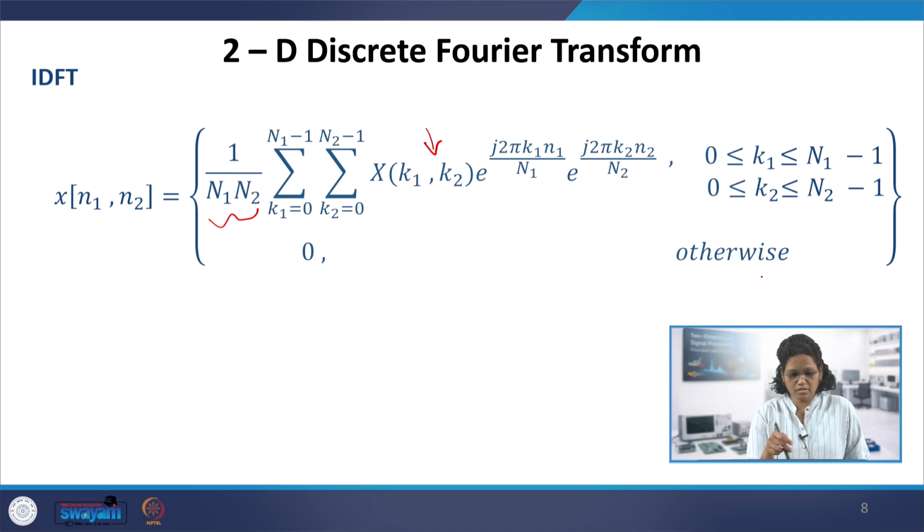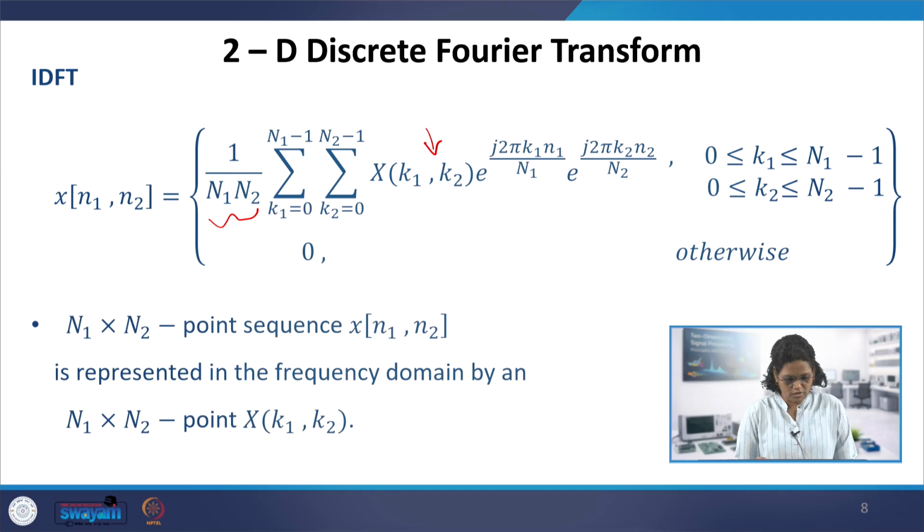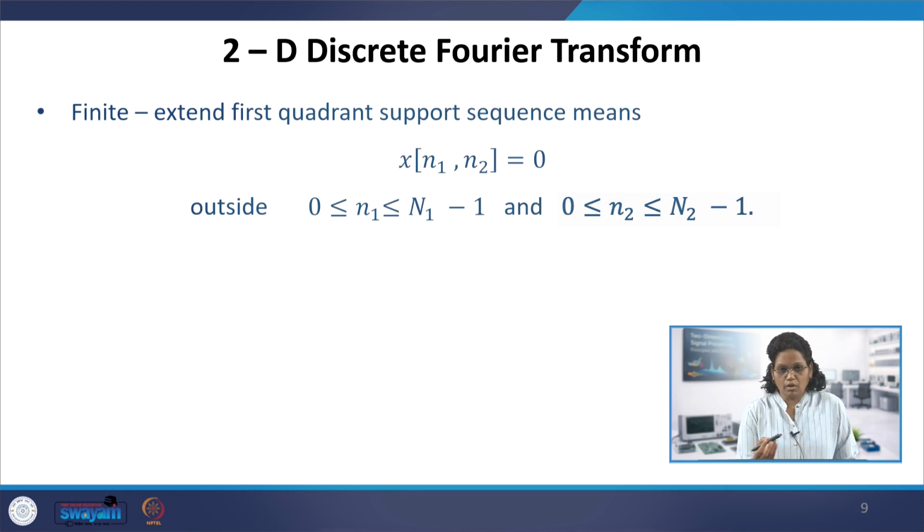Now knowing the analysis and synthesis equations, and having learned some of the properties, this sequence x of n1 comma n2 is an n1 cross n2 point sequence, and in the frequency domain also x of k1 comma k2 has the same size n1 cross n2. For the finite one, the region of support, x of n1 comma n2 is 0 outside this region. That should be noted, and this is for the first quadrant sequence. So the support sequence is first quadrant.